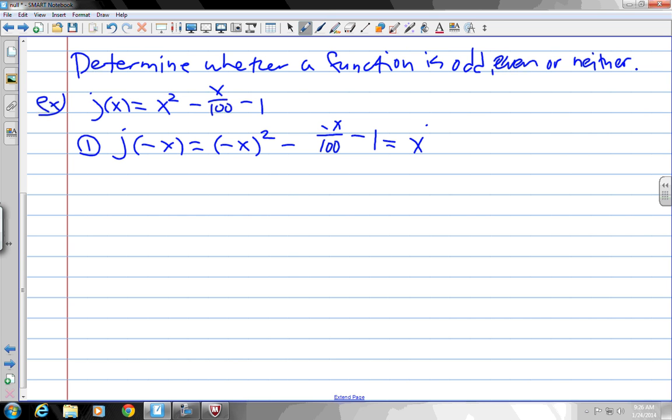That becomes x squared plus x over 100 minus 1. Is this the same as the original function? The sign of the x over 100 changed. So it's not equal to j of x, and the conclusion is it's not even, because that sign changed.